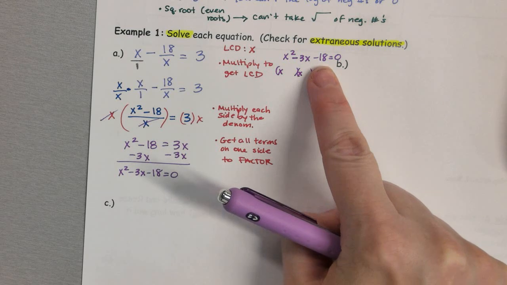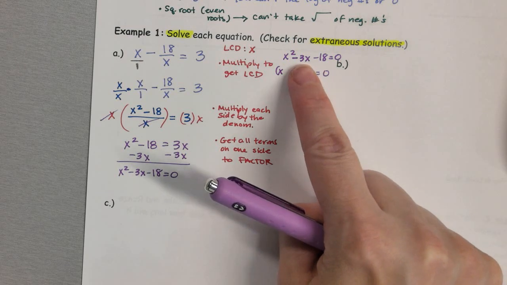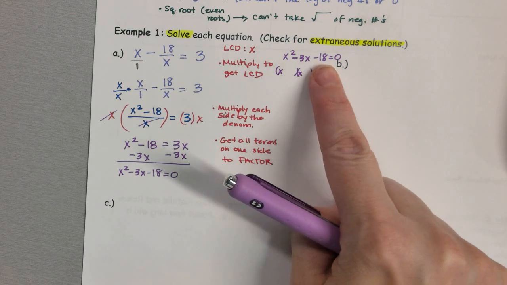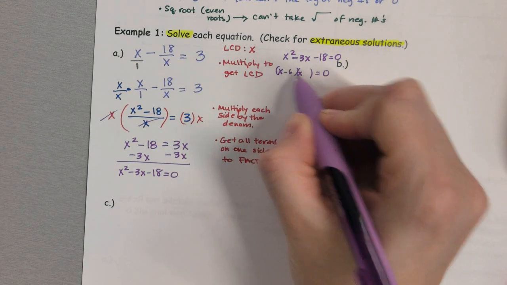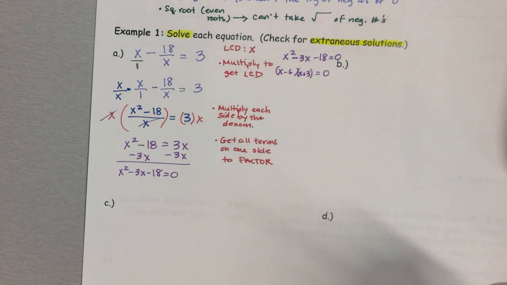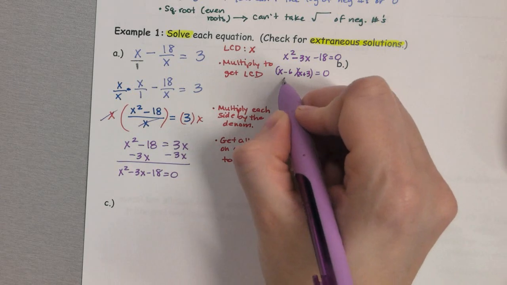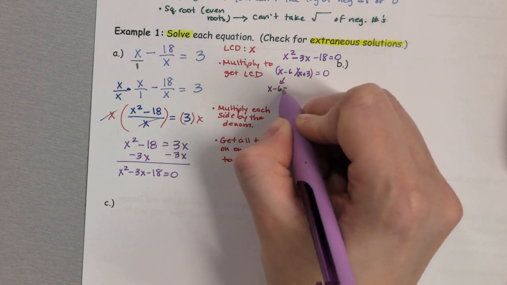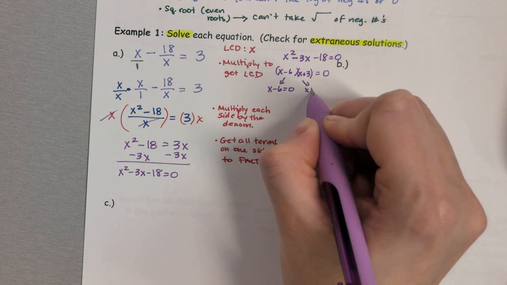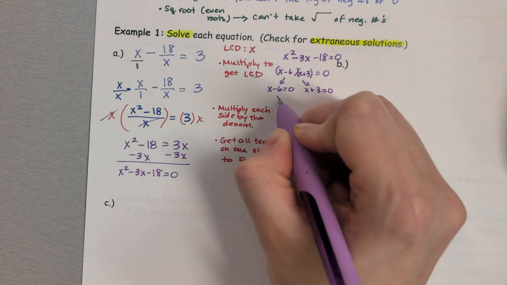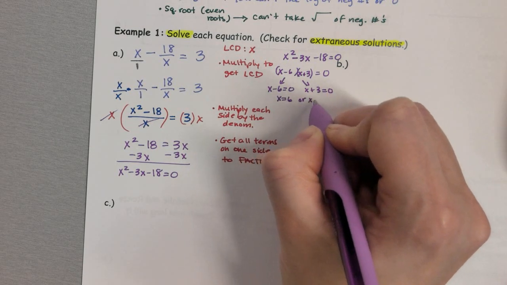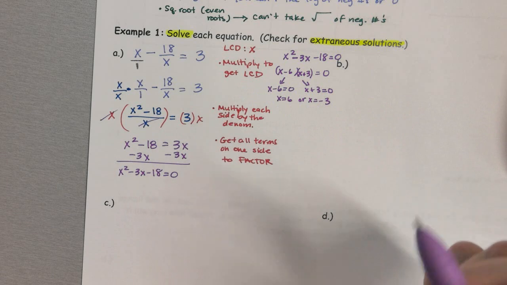So what are my values that are going to add to negative 3, but multiply to negative 18? Negative 6, positive 3. Okay, great. Now, when you solve, you have x minus 6 equals 0, x plus 3 equals 0, so x equals 6, or x equals negative 3.